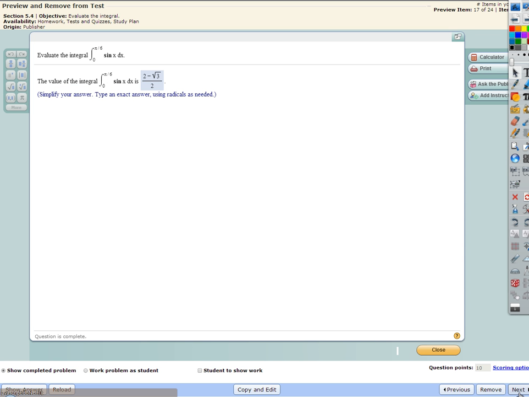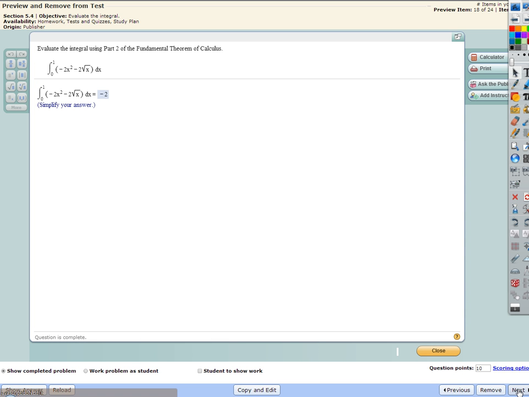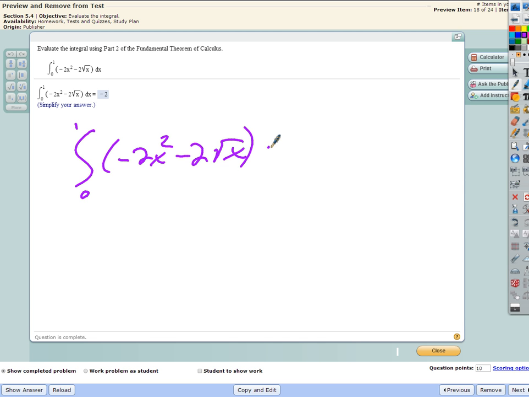Okay, what else is weird though? Let's look ahead a little bit. Let's take a quick look at this one. Never mind, same stuff. Real quick though, when I'm doing this definite integral, when I'm doing the antiderivative, the only tricky part of this whole thing is probably going to be the square root.